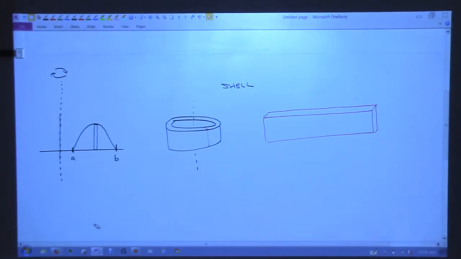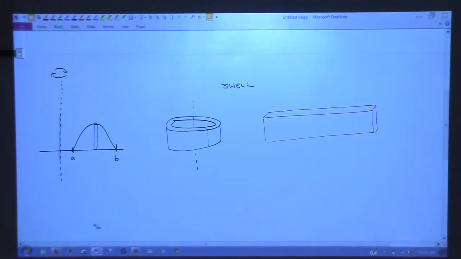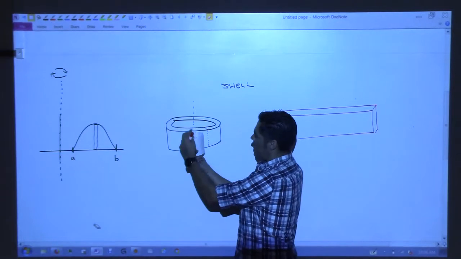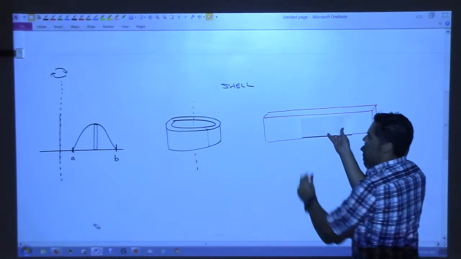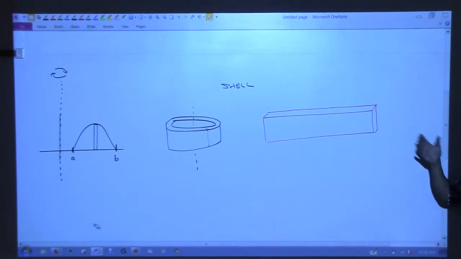It's like a box. Yeah, so I basically did this. Oh, this one's better. I took that shape right there, and I cut it, and I just laid it flat like that, right? Now, this is just like a box, right?